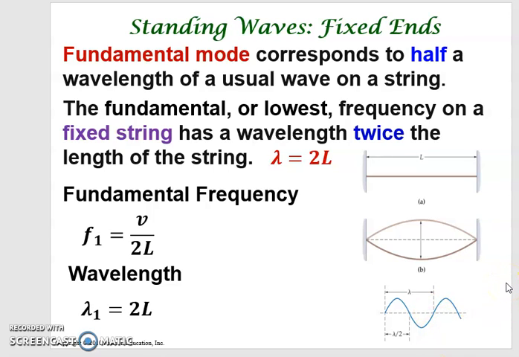We can also define the so-called fundamental frequency, because the wave speed propagating along the string is also fixed. This is your wave speed, and your wavelength is 2L. So the fundamental frequency is F1, which is this value. Now we have a sense of the standing wave produced at two fixed ends.